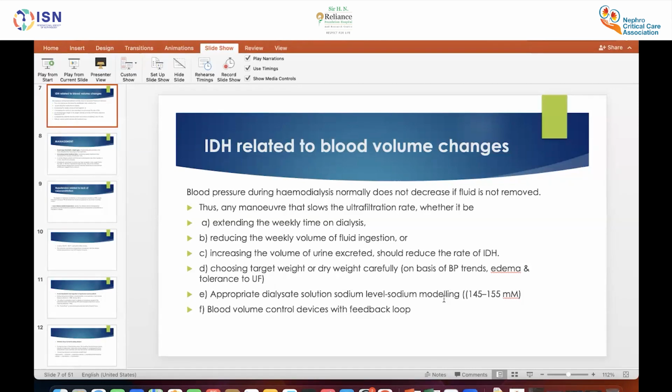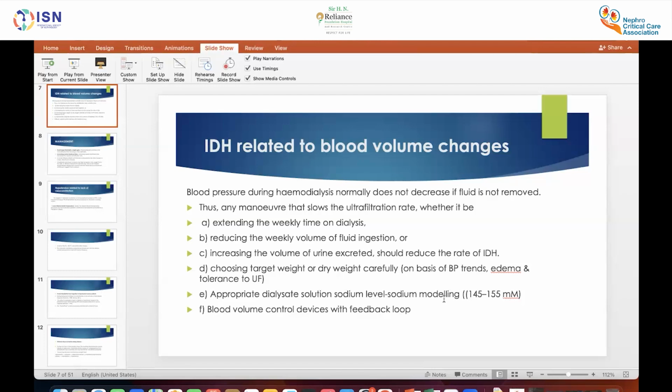It helps in short duration for treating the intradialytic hypotension. But ultimately, what has happened, the sodium content increases and they ask for more water, they come back with more fluid in the body. So that is a problem with the sodium modeling, profiling. So that has to be kept in mind. Always those things should not be utilized. Only in selected few you can utilize. Okay, that is another one.